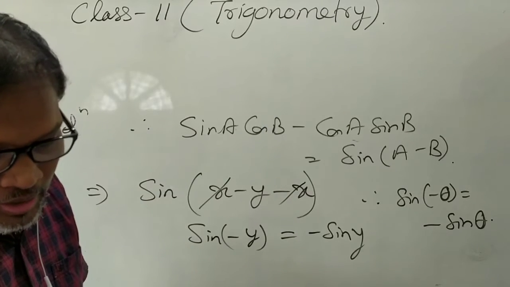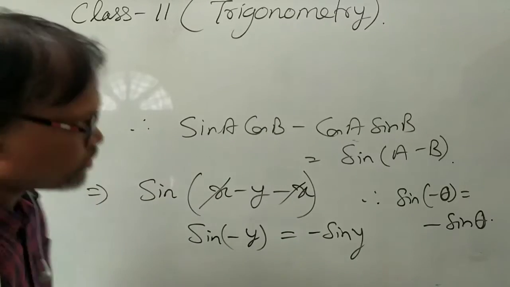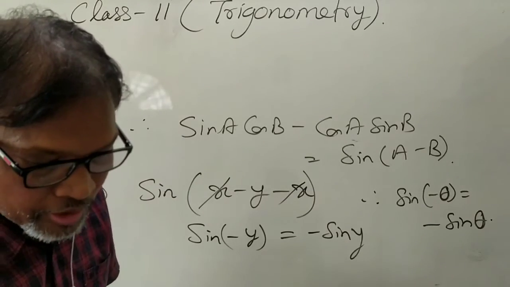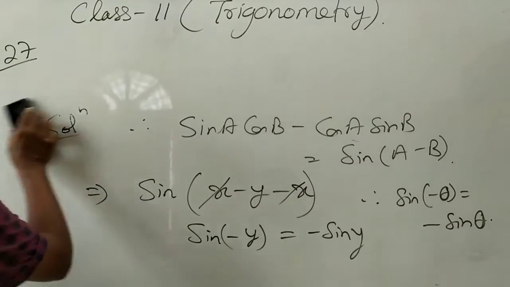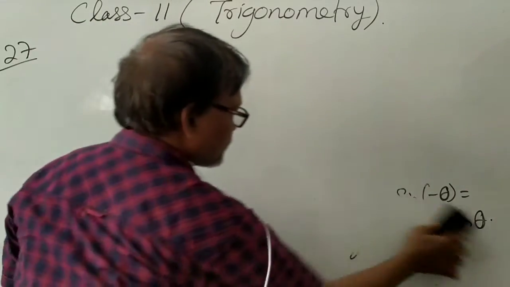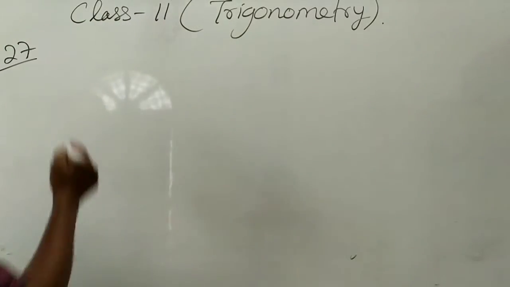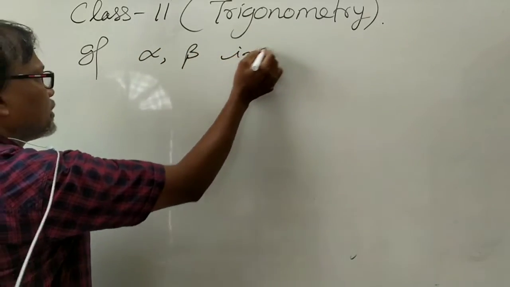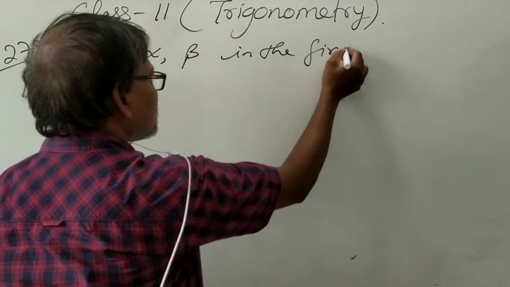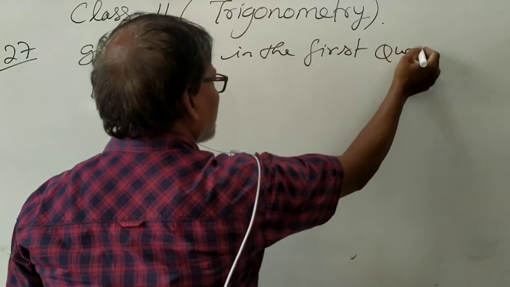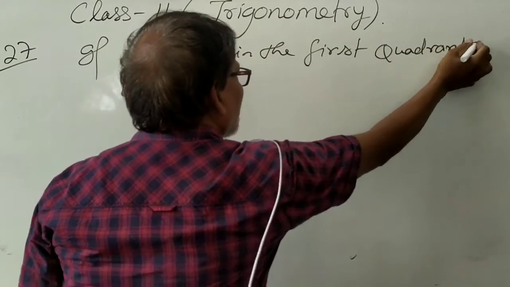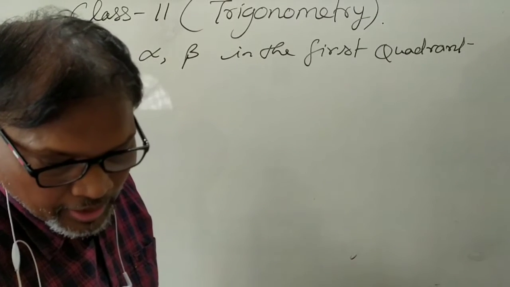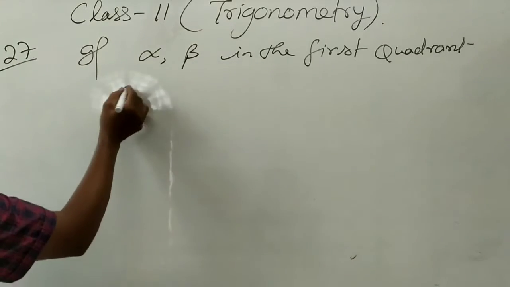Now if we take question number 27, here it is given that alpha and beta are in the first quadrant, means 0 to 90 degree, acute angles, and sin alpha is equal to 8 by 17.